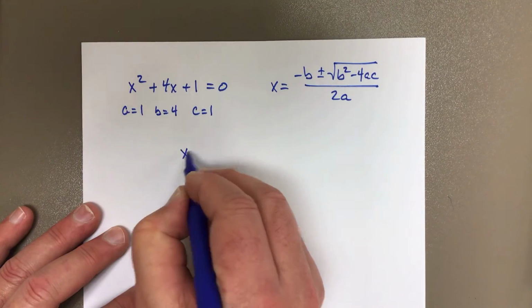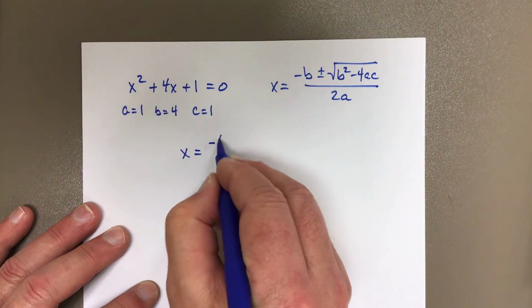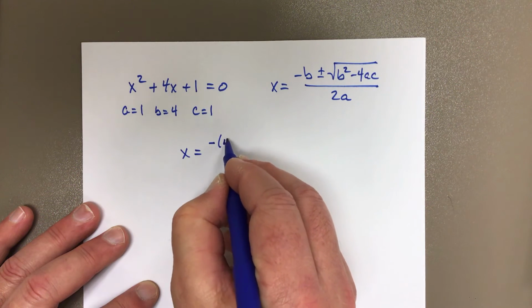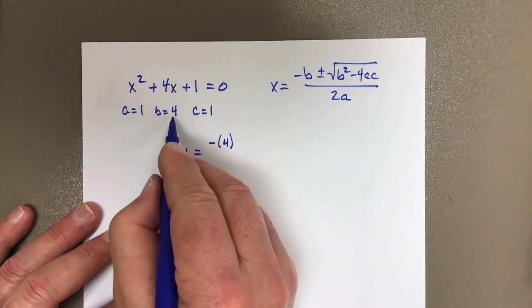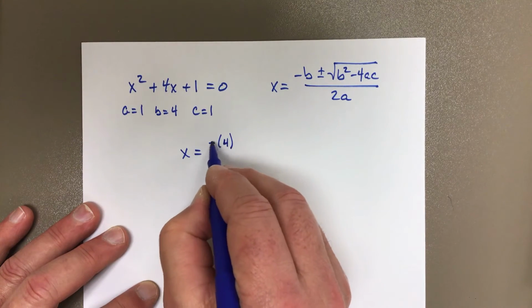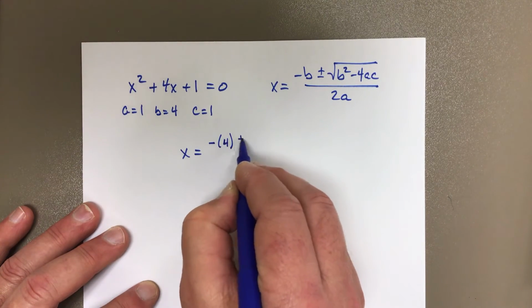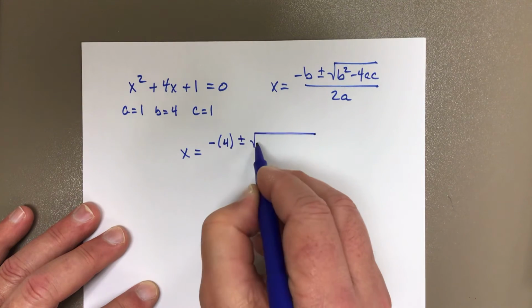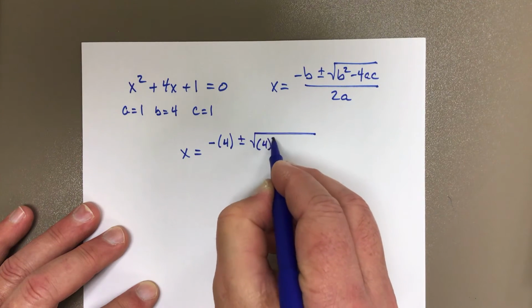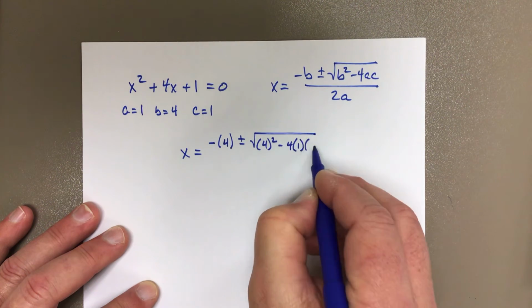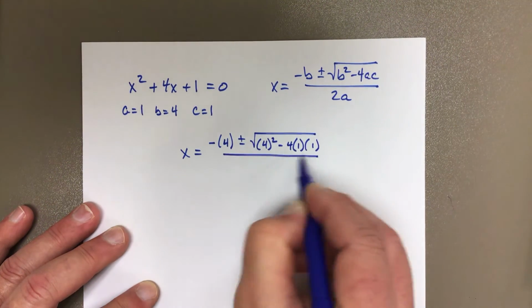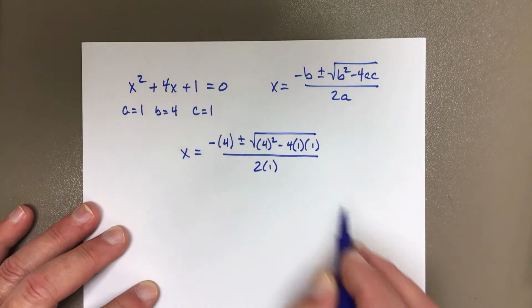So x is equal to the opposite of 4, all right, because that's b. B is 4, opposite. Notice how I put it over here in parentheses. Plus or minus the square root of 4 squared minus 4 times 1 times 1, all over 2 times 1.